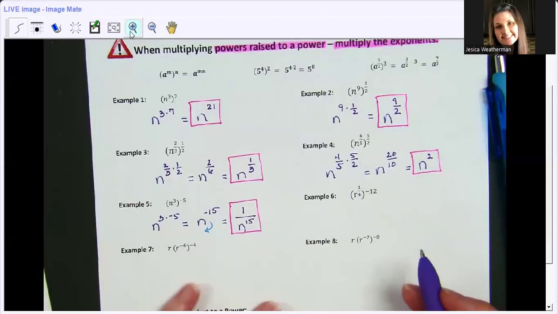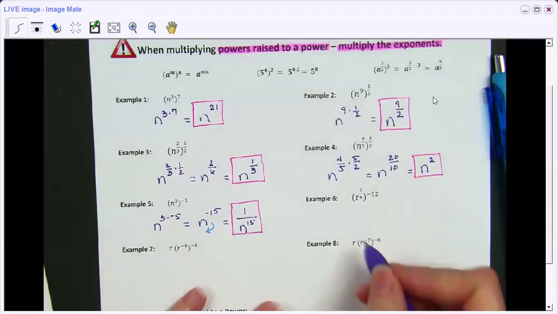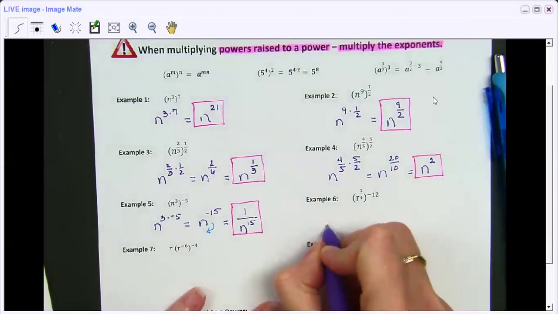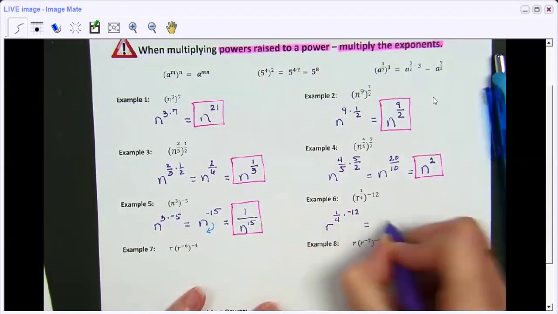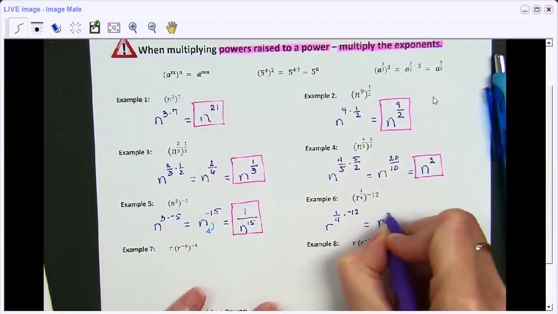All right. Now we have r to the power of 1/4 times -12, which is r to the power of -3.